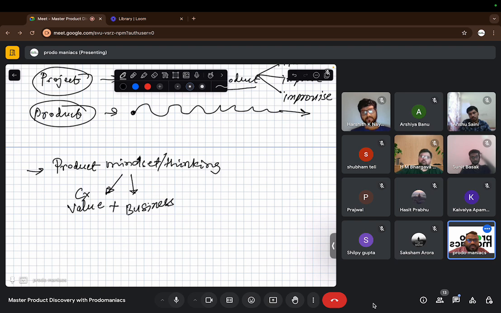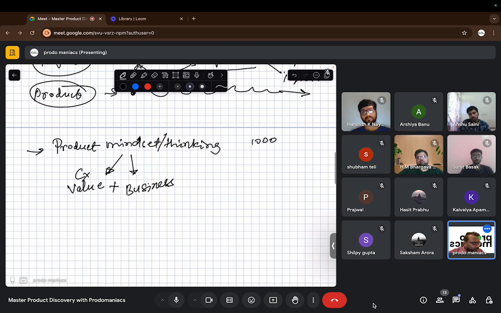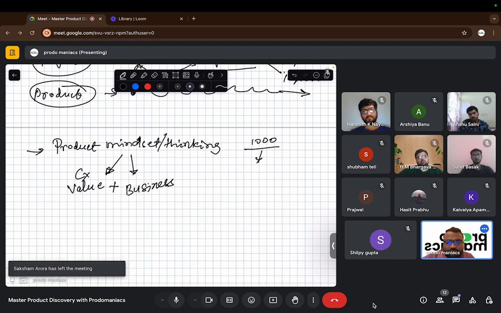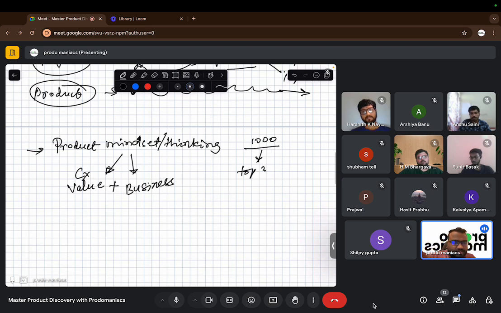Let's say you have 1000 credit cards with you and you have to make a platform where you suggest the top 3 credit cards to any consumer who is coming onto your platform. They say, we'll take the inputs, try to understand, put in some algorithm, categorize all the credit cards, and basis all the inputs, somehow get those top 3 credit cards from that list.